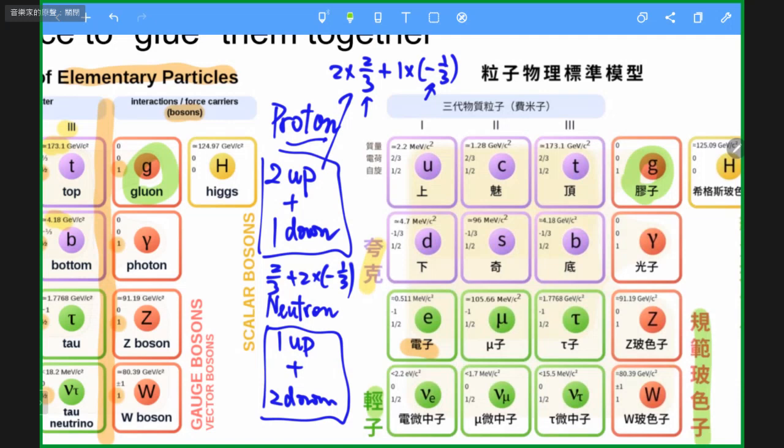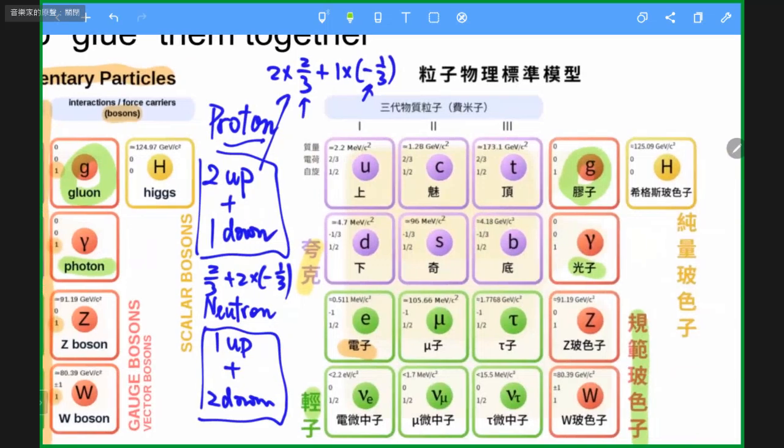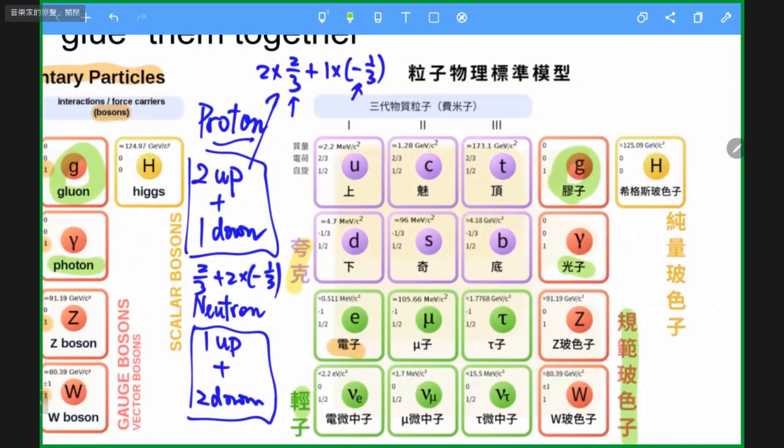And also you can see the photon. Maybe you already know this term. And on the very right, we have the Higgs boson. Several years ago we found it. This is called the God particle.